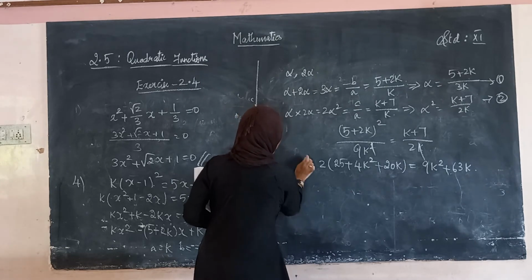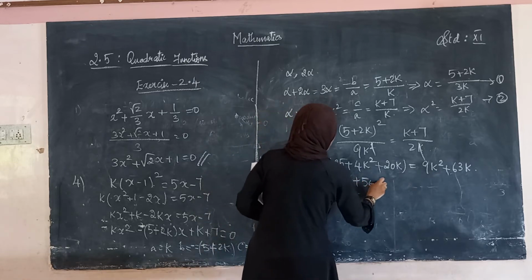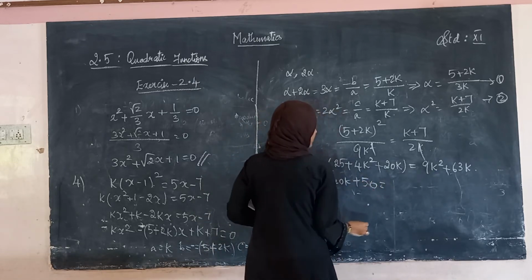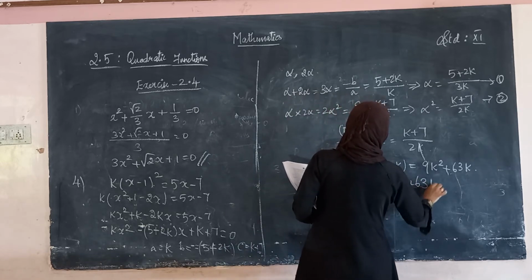What happens? 4 2 is 8k square plus 40k plus 50 equal to 9k square plus 63k.